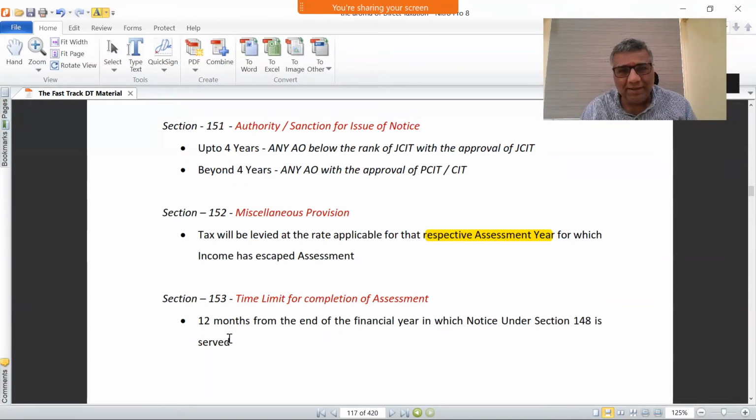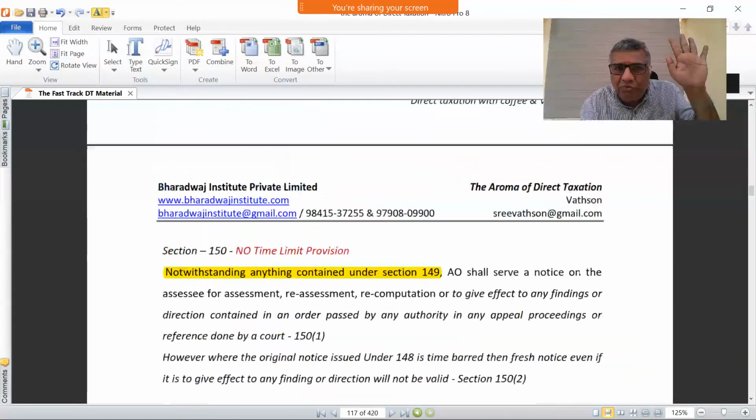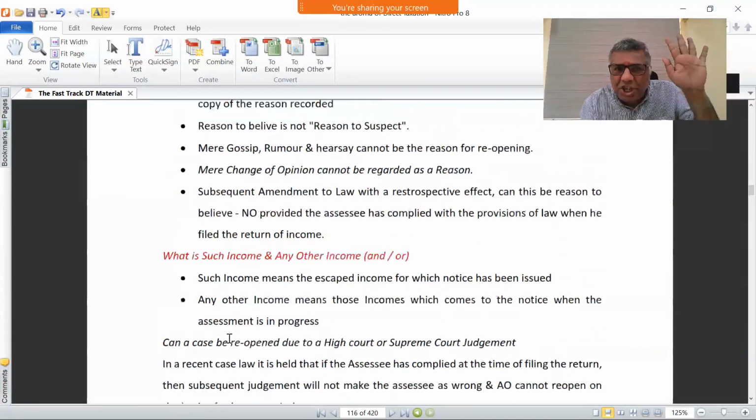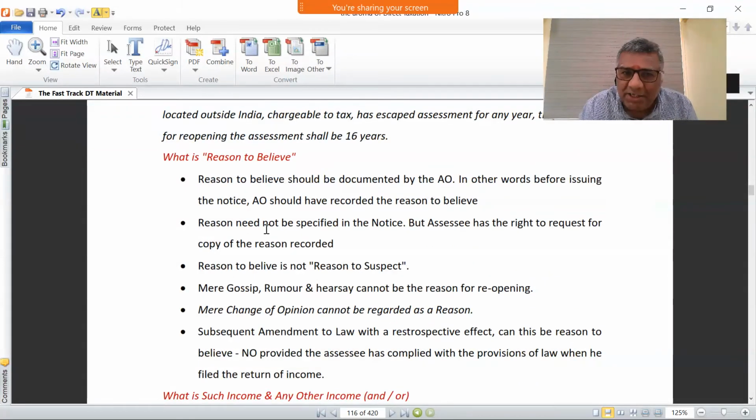Okay, let's understand 147 again. Where the assessing officer has reason to believe. What did I say? Reason to believe? Substantial proof. The reason to believe should be documented by the AO before issuing the notice, saying, I have this proof.